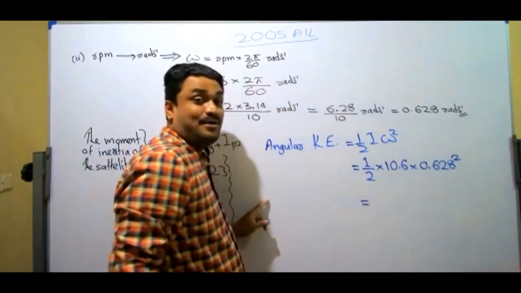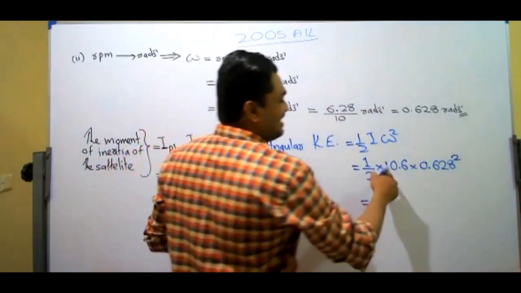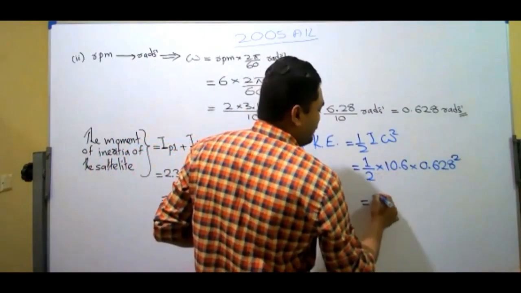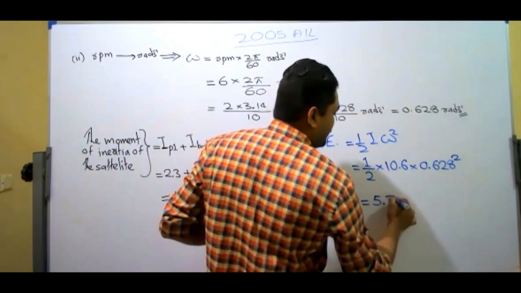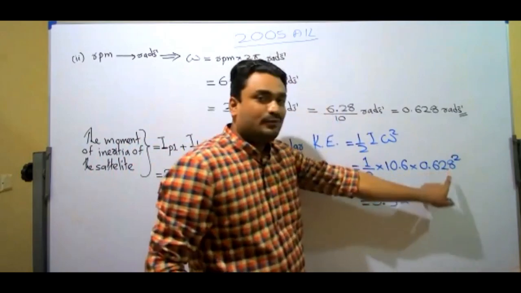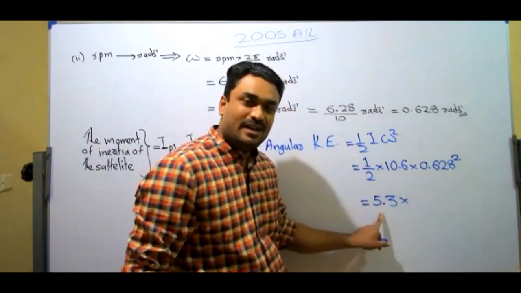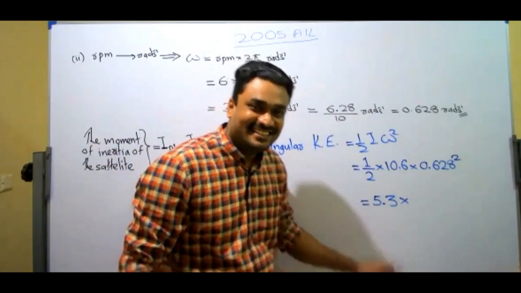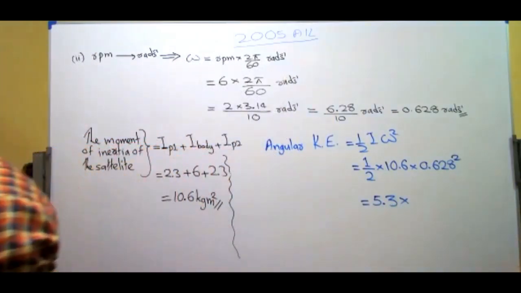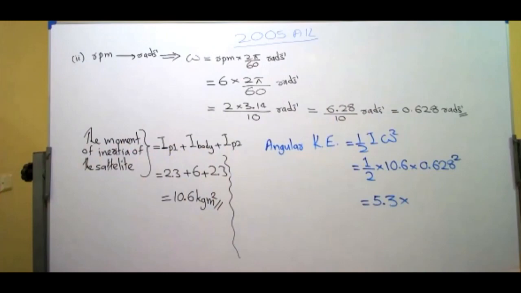I'll give you a very big help. 10.6 divided by 2: 10 divided by 2 is 5, 6 divided by 2 is 3. You should get the square of this value and multiply it by 5.3. Try it and send your answer to my Zoom chat. Simplify this, send your answer to my Zoom chat. I'm waiting for you.